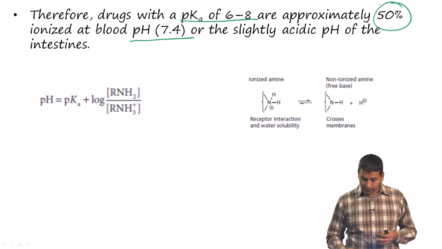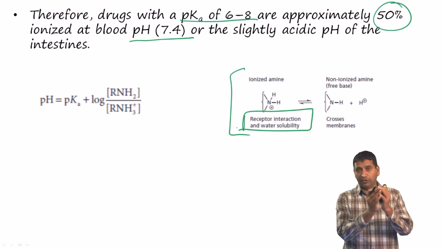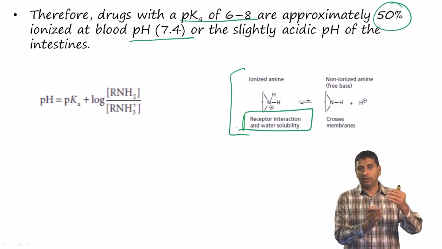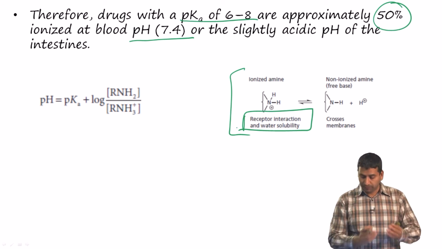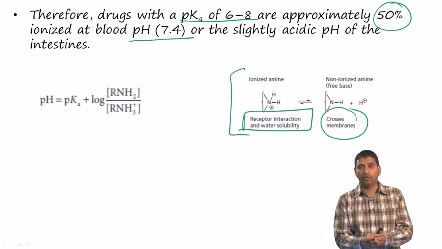So, here is, for example, a situation where the receptor interaction can occur, because it has an RNH3 or RNH2 plus, a cation is formed, and if the receptor has a negative charge on the surface, then it can interact with it. And here is a situation where it is in the free amine form or a neutral amine form.